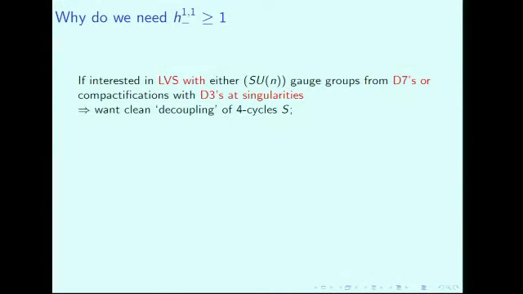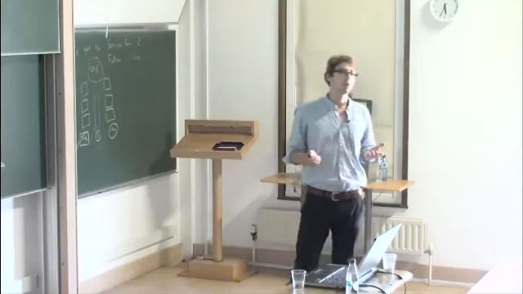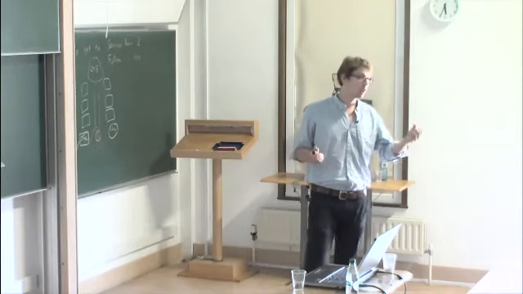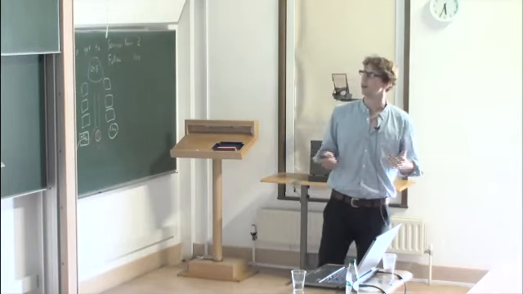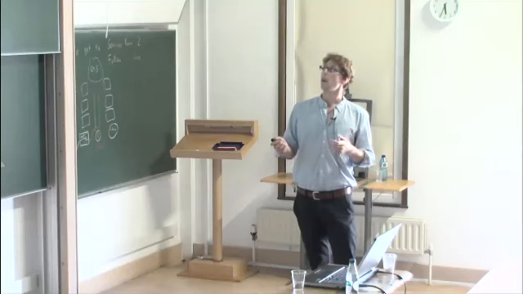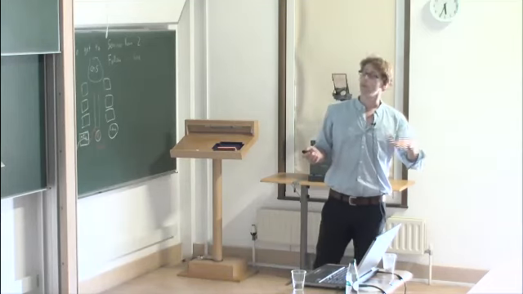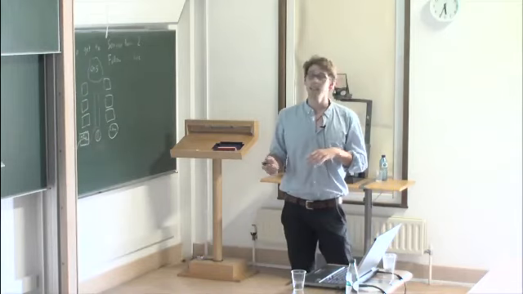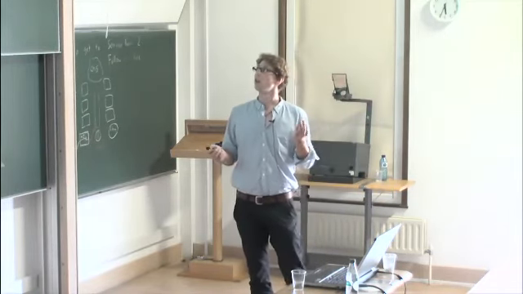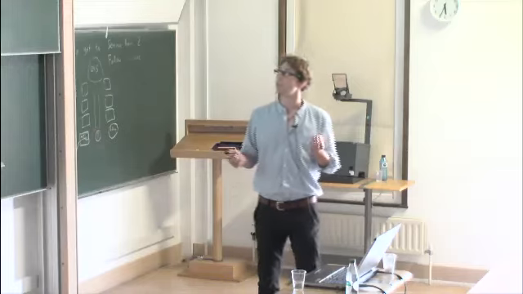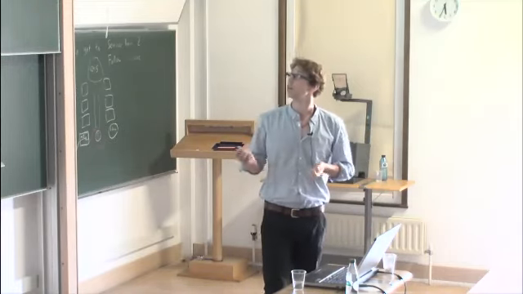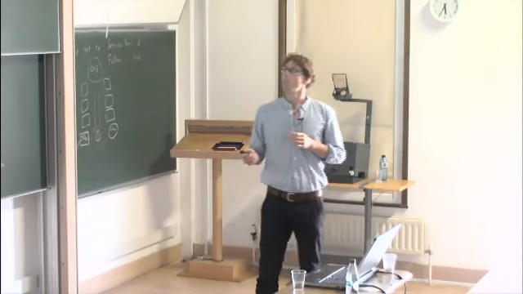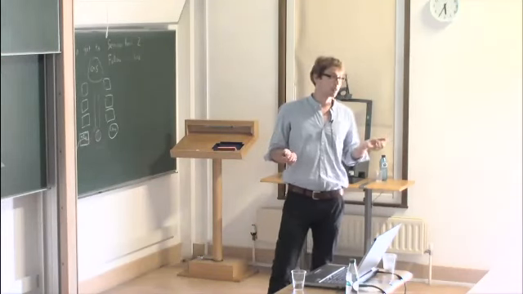If we want to do a stabilization via the large volume scenario, and have D7 branes on which we have the gauge group for the visible sector in 4 dimensions, or we have these D3 branes at singularities, we want the clean decoupling of the cycle on which we either wrap the D7 branes or which shrinks and on which we then put the D3 branes. So by clean decoupling we mean a shrinking to a point.